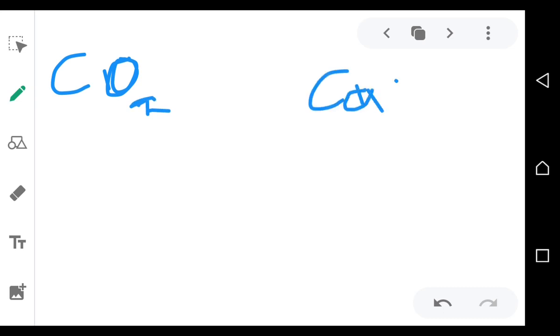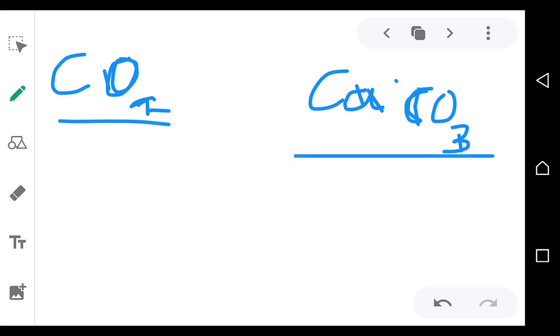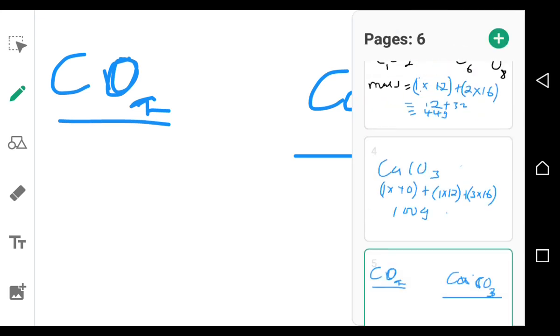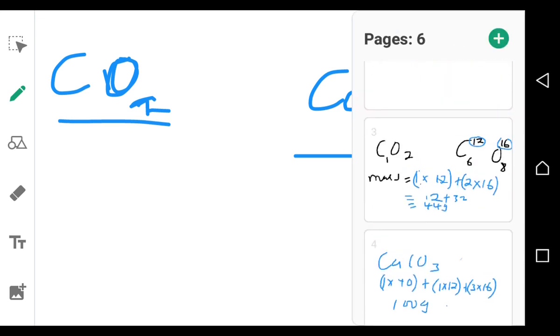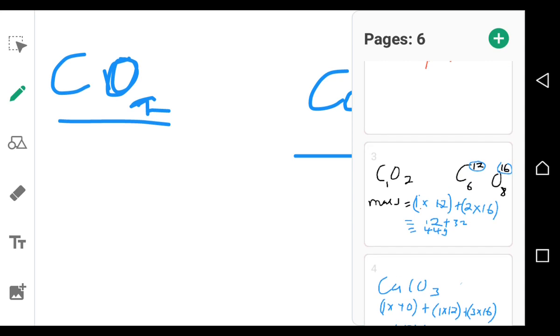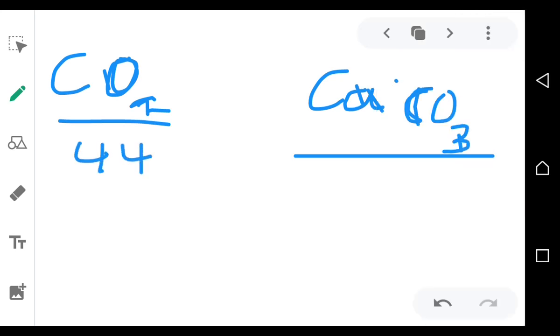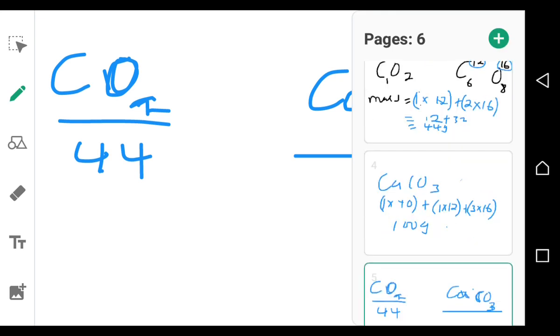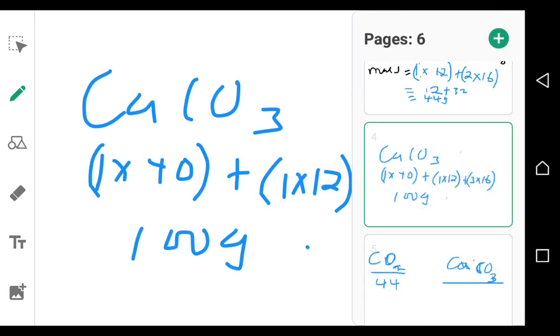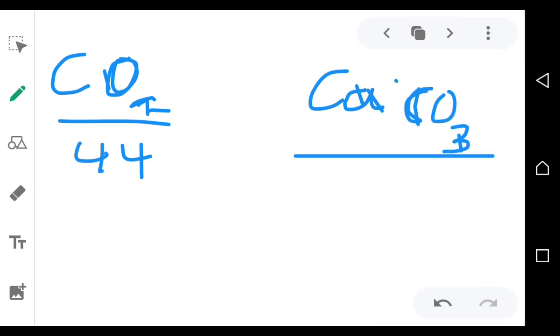There were no numbers in front here or there. What was the mass for carbon dioxide? It's 44, so here you put 44. The mass for calcium carbonate we have calculated is 100, so you put 100 there.